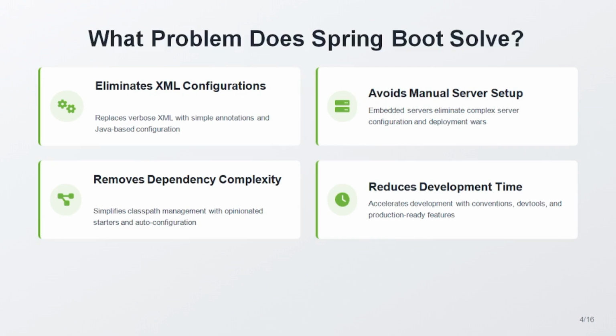But now Spring Boot comes with embedded servers like Tomcat, Jetty, etc., which you can directly use. It removes dependency complexity, simplifying class path management with starters and auto configuration. The next one is reduced development time. The main aim is to quickly develop your application and deploy it, avoiding all the boilerplate and concentrating only on your business logic.